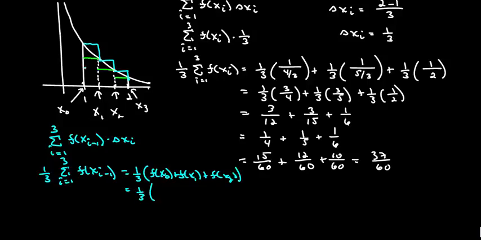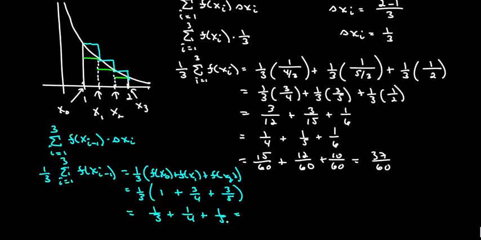F at x0, the height at x0 is 1 over 1, so that's just 1. At x1, that's 1 1/3, so it's 1 over 4/3, which is 3/4. And then this one will give me 1 over 5/3, which is 3/5. So when I multiply the 1/3 in there, I get 1/3 plus 1/4 plus 1/5.